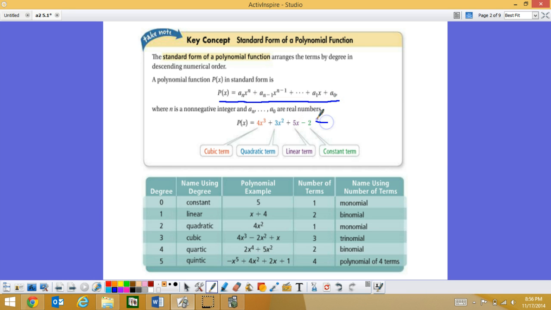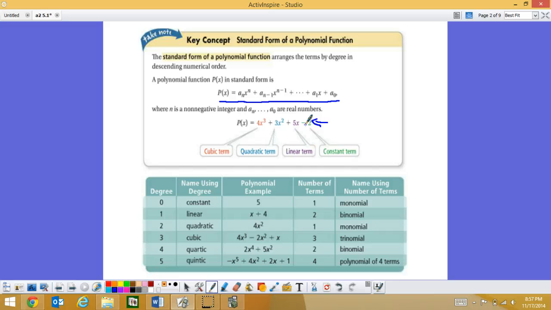It might help to look down here at that specific example of a polynomial function, and this is a cubic function because of the degree. And in standard form, we always start with the largest degree or exponent on the variable first, and then work our way down in order. And that is standard form.